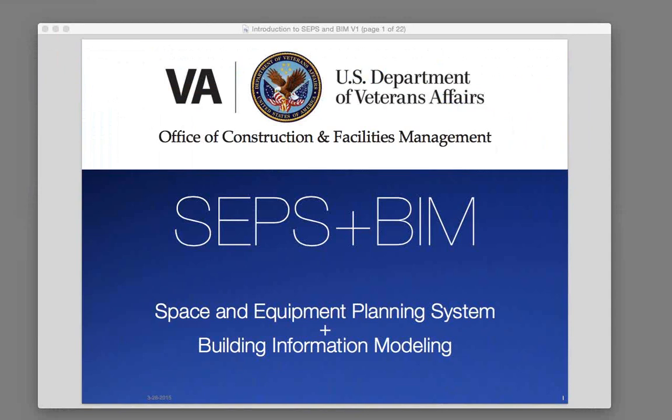But the most important message at this point in time is that this is a major milestone, because you already have been using Seps for many years. And Seps, by default, has data that's already perfectly structured to go into BIM. So be aware of that, and have that conversation with the architectural teams: hey, here's this new process.